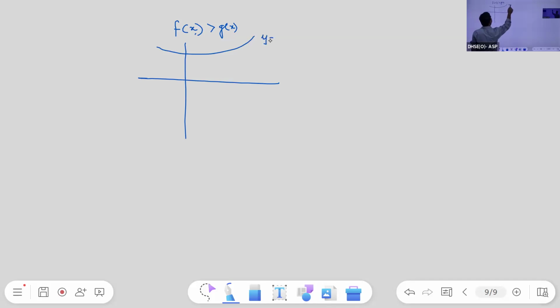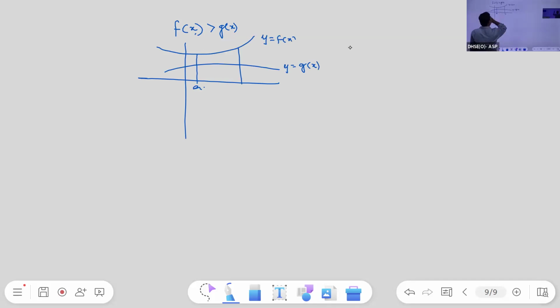F of x is greater than g of x, which implies the graph of f of x will be above the graph of g of x. Suppose this is the y is equal to f of x curve, and this is the y is equal to g of x curve. Both the functions will be evaluated between the limits a to b.